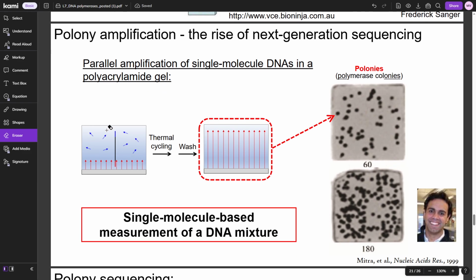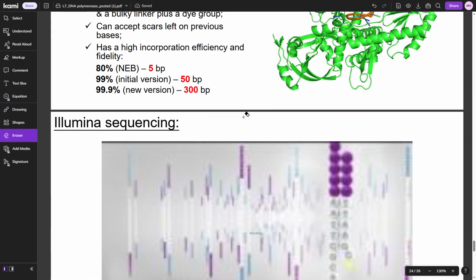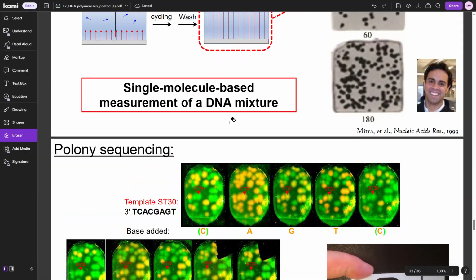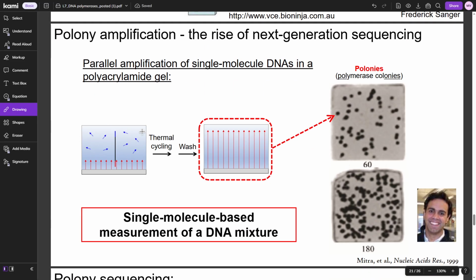Okay, next generation sequencing. Next generation sequencing is interesting because it's not really described very well. I would say the best way to think about this is how it's drawn here.